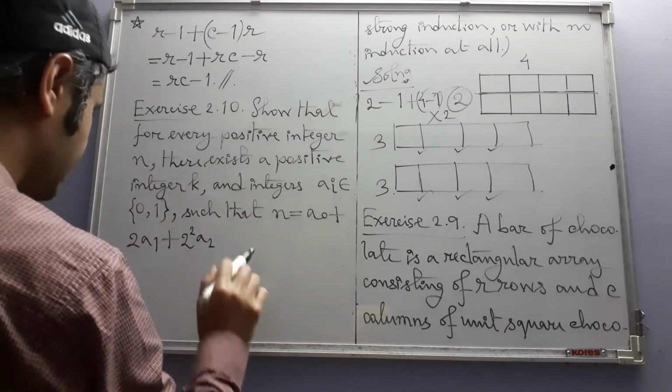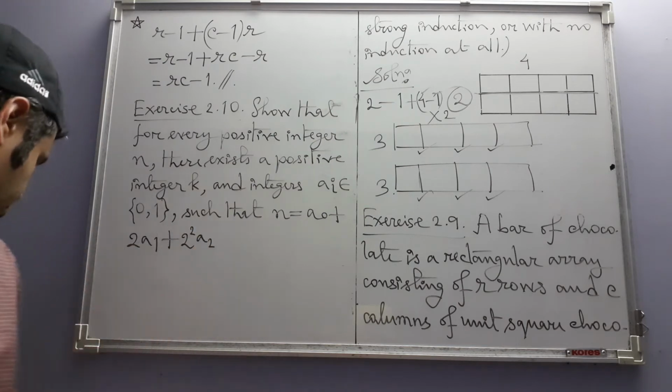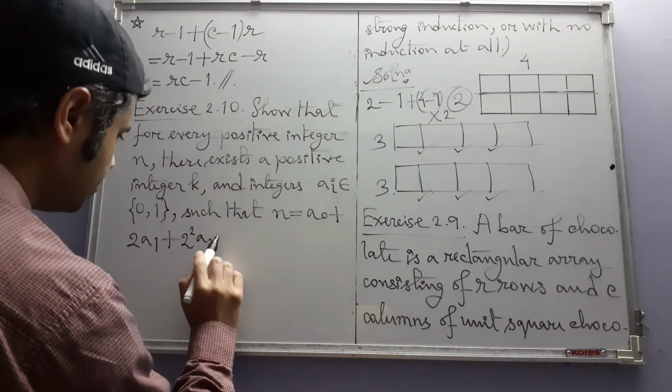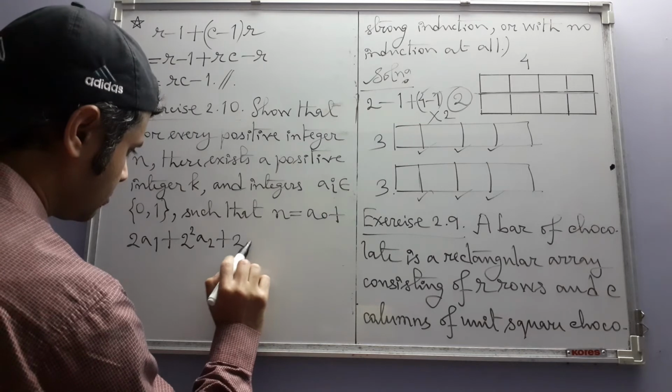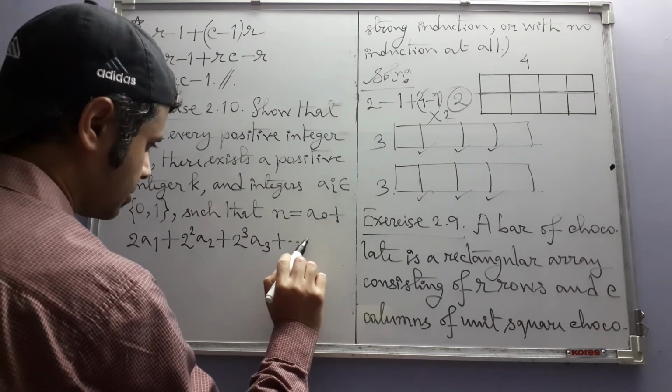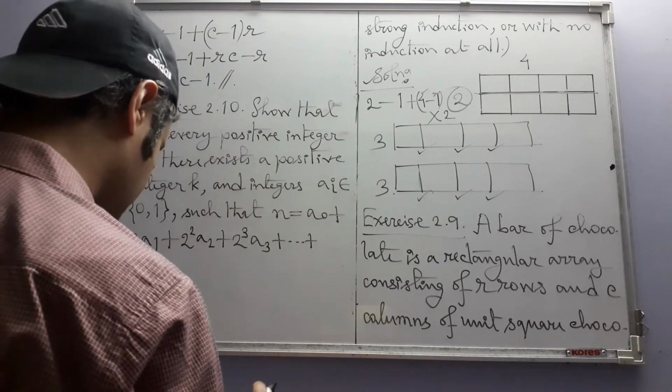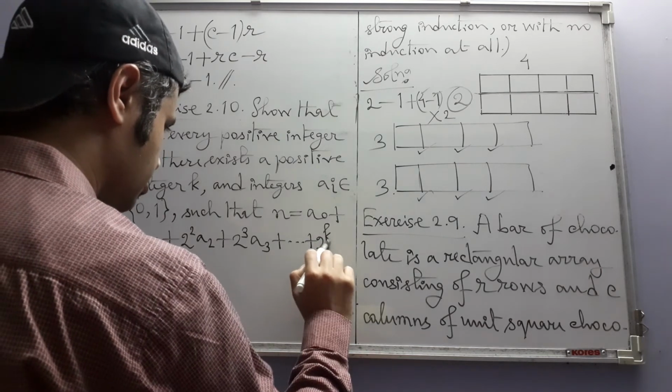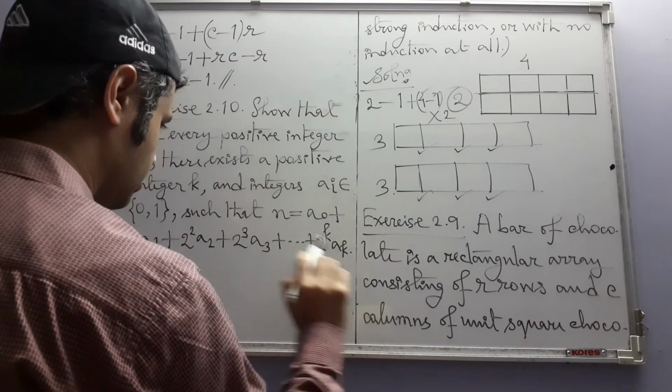Usually these ai are written before writing the powers of 2, but anyway, 2 cube a3, etc., plus the final one is 2 to the power k ak.